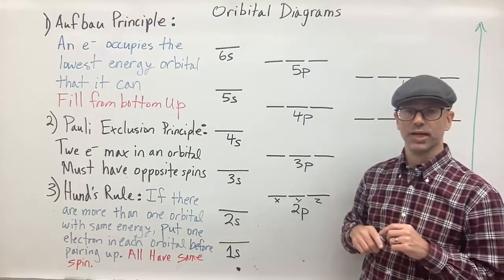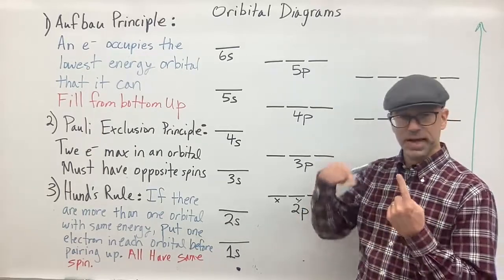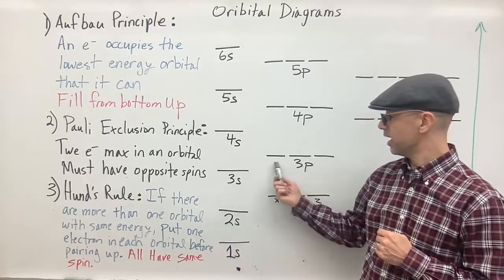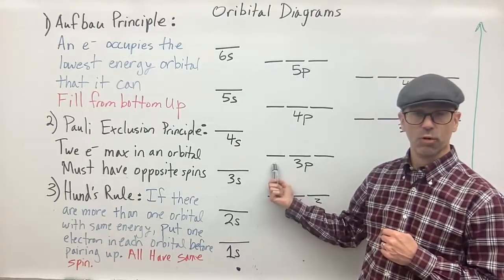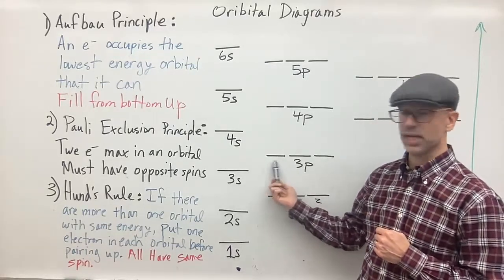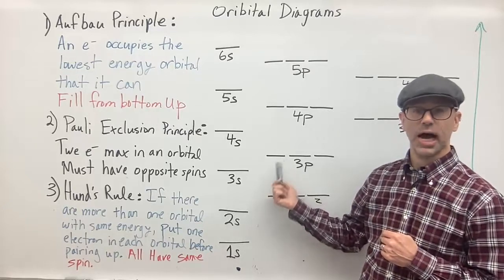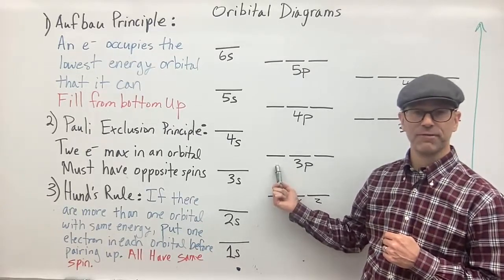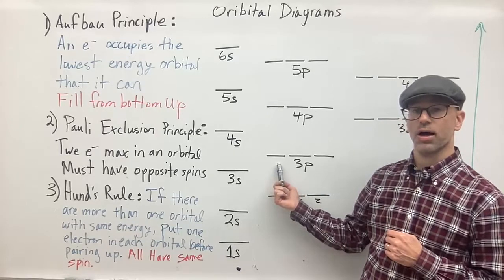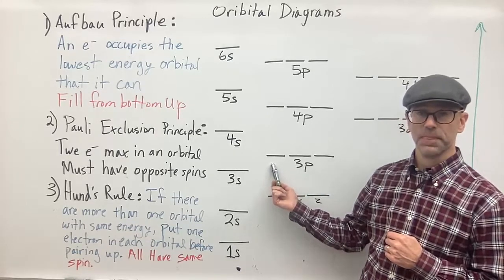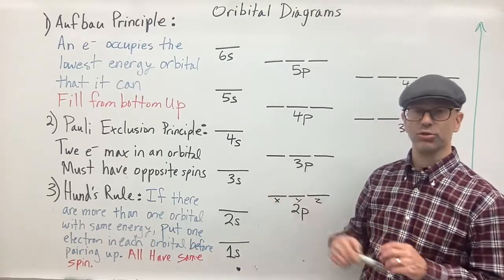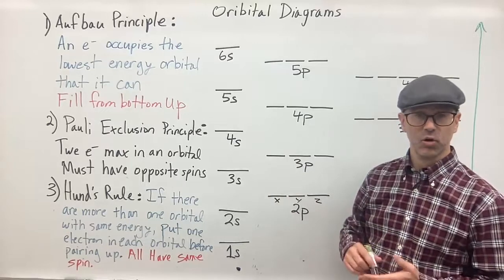So those 2 electrons in the same orbital must have opposite spins, and you can't fit any more electrons into that orbital. So that's only 2 electrons in an orbital.